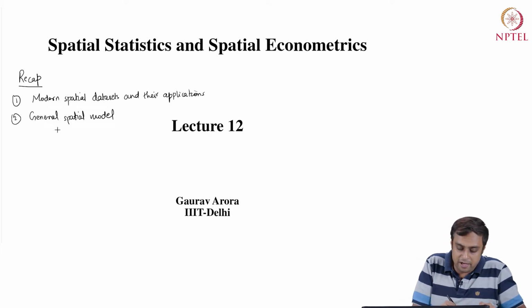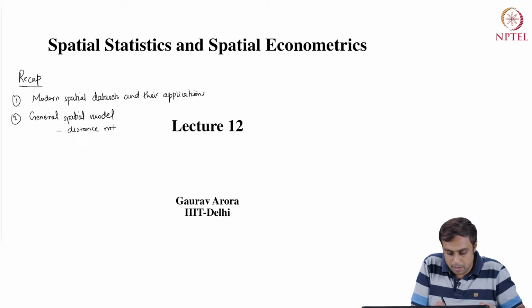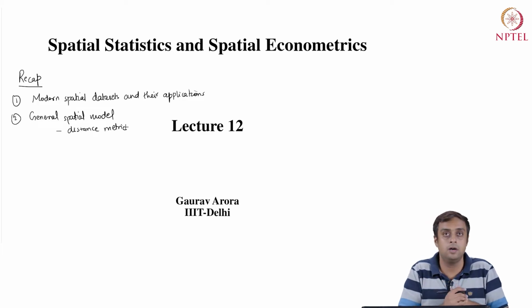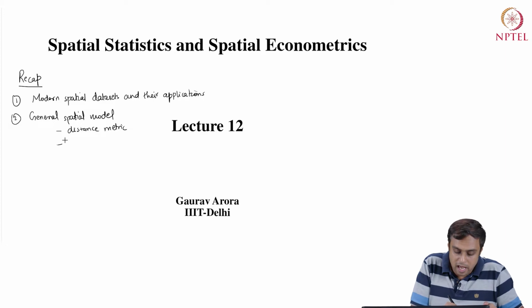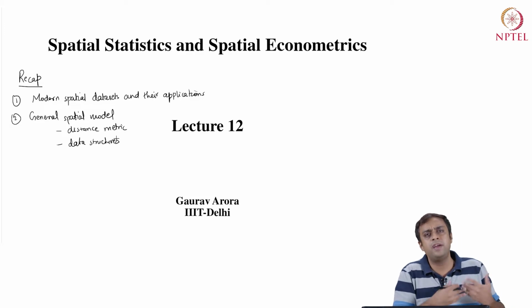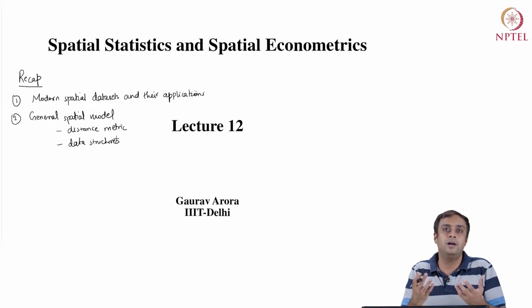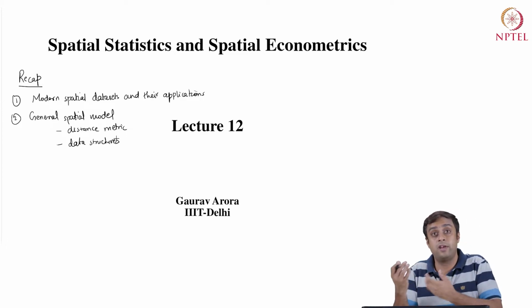And when we did that, we looked at things like distance metrics, different distance metrics that help us summarize the spatial patterns in these data sets. We also looked at what we called data structures. The data sets come in various structures, and we summarized some of them as vector data, raster data.